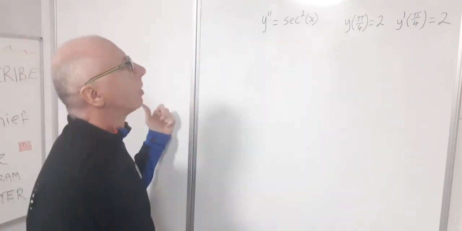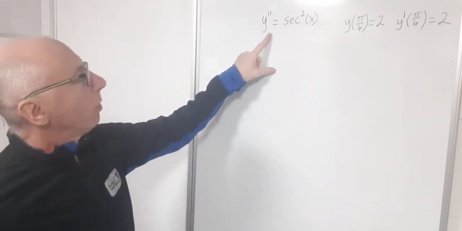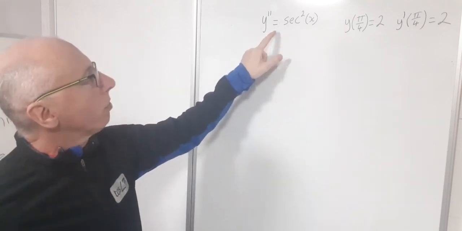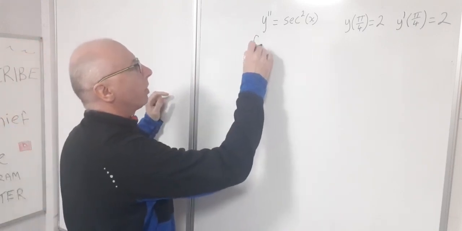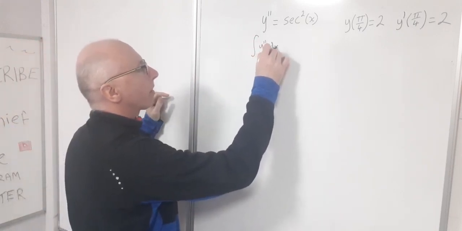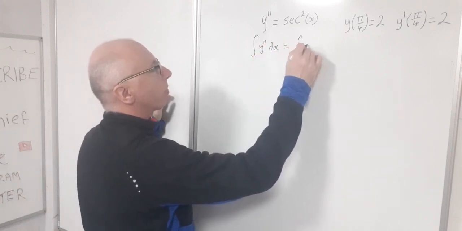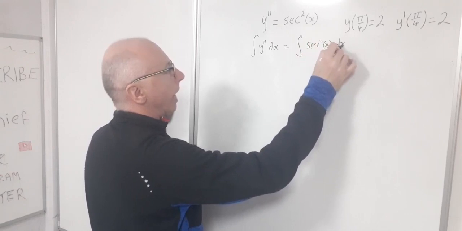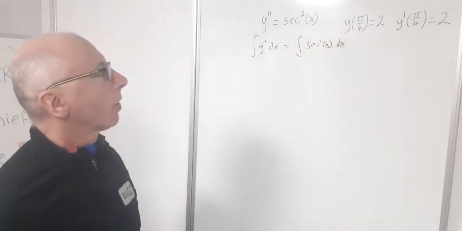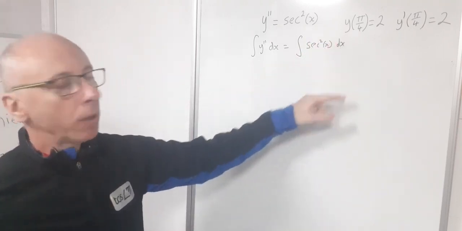That's our goal. So what we need to do first is take the integral with regards to x on both sides. So if we've got the integral of y double prime dx, that should equal the integral of secant squared of x dx. Okay, let's integrate both sides.